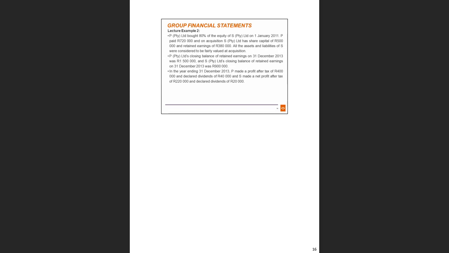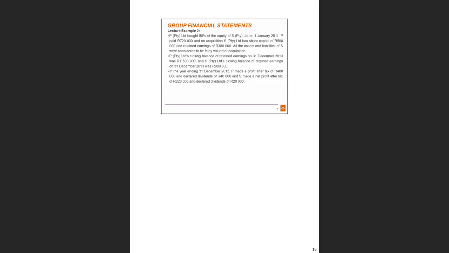So what is the current period in dates? From the 1st of January 2013 to 31 December 2013, that is the current year, okay?